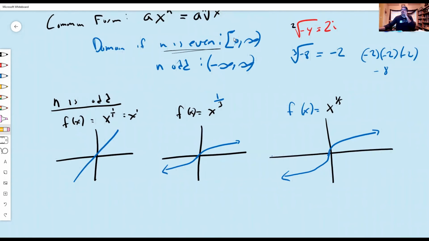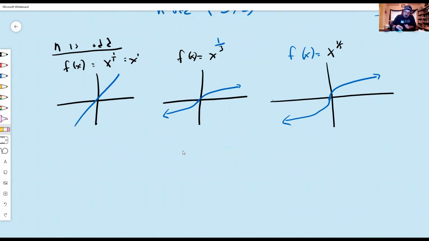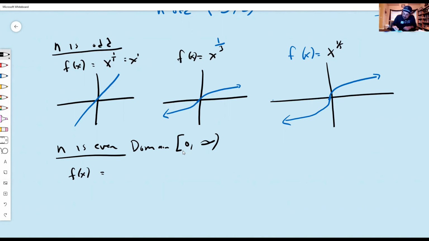Now, when n is even, we won't have the left-hand side of each of these curves. We'll just have the right-hand side. Beyond that, they look basically the same. N is even, which means, again, the domain is 0 to infinity. So f of x equals x to the 1/2, or the square root of x if you like.